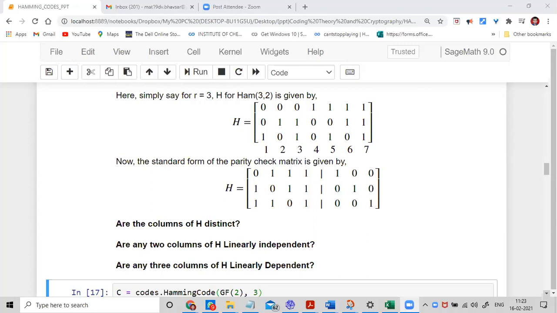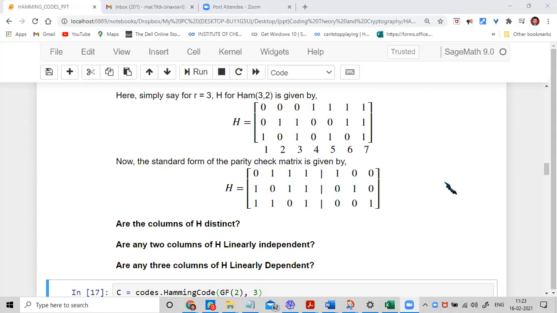Why are any two columns of H linearly independent? Yes, sir, they are linearly independent because neither is a linear combination of the other. They are different at each and every place.